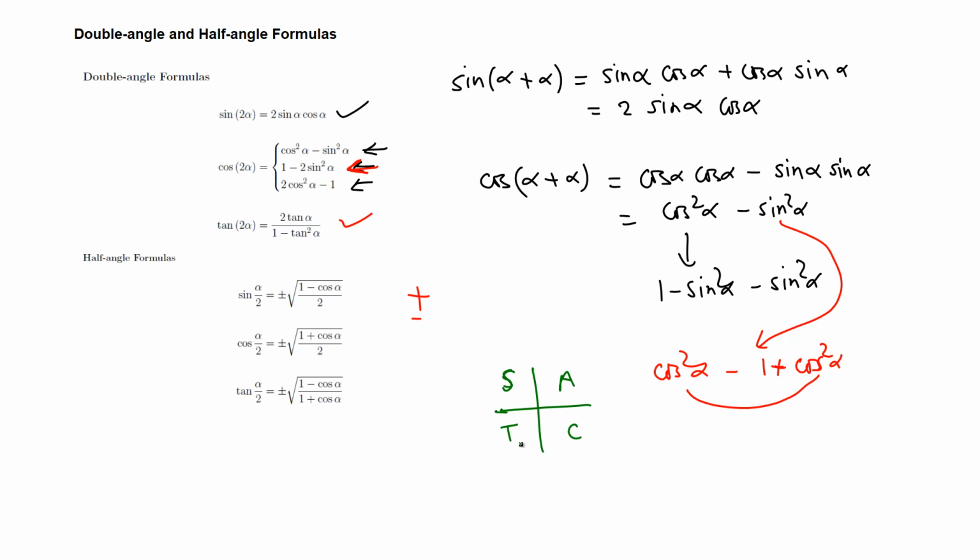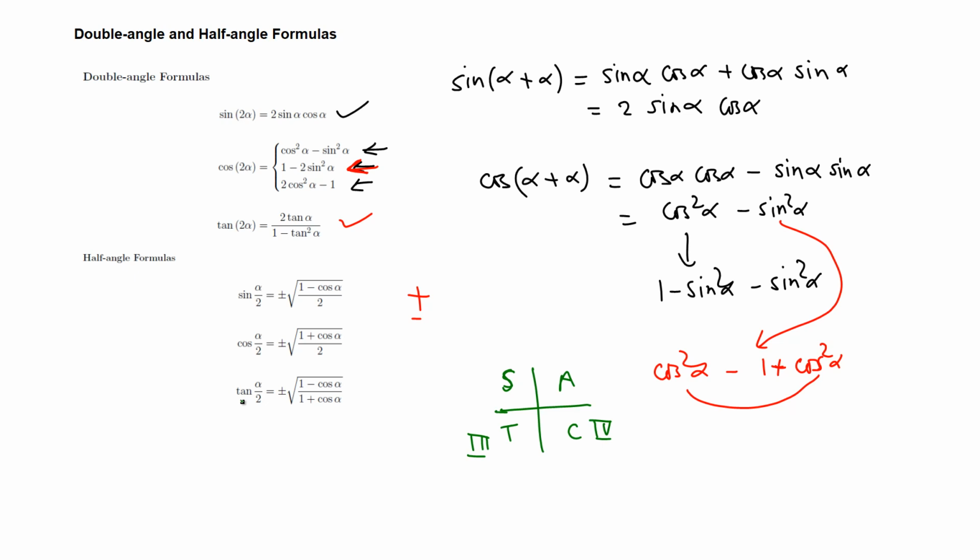If alpha over 2 is in the third quadrant, only tangent and cotangent are positive, so we have to take the negative sign. Same thing for cosine, plus or minus, not both at the same time. Suppose alpha over 2 is in the fourth quadrant where cosine is positive, then we take the plus sign.